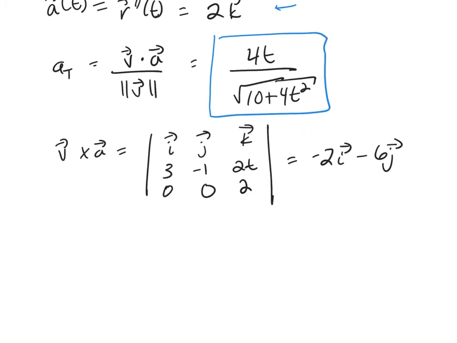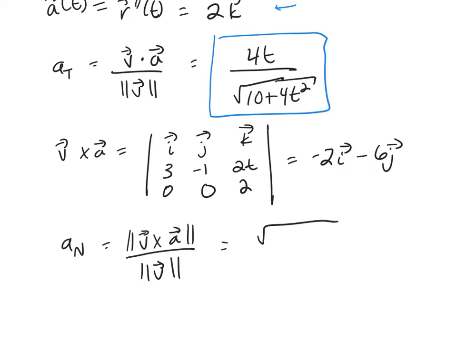So then, to get our normal component for acceleration, a sub n, it's the magnitude of v cross a over the magnitude of v. So the magnitude of v cross a is the square root of 4 plus 36, over the square root of 10 plus 4t squared.